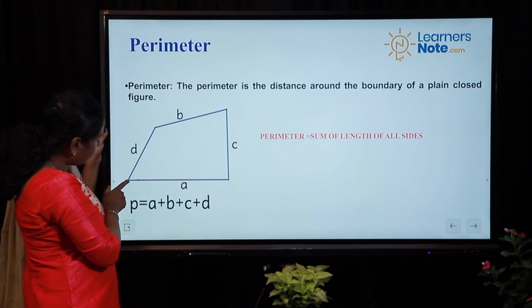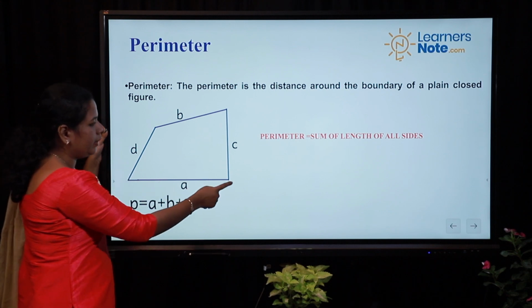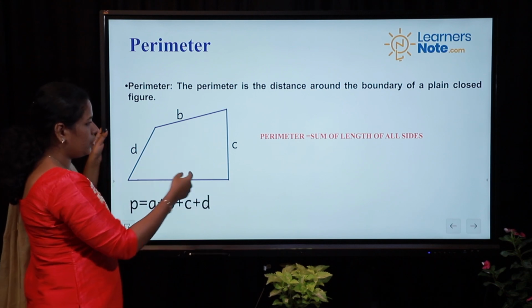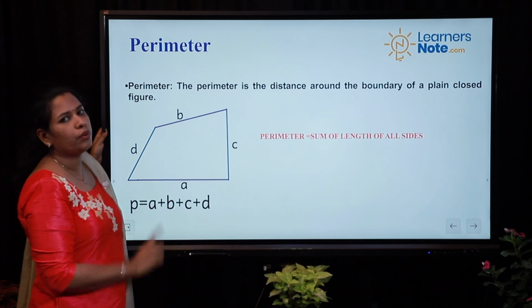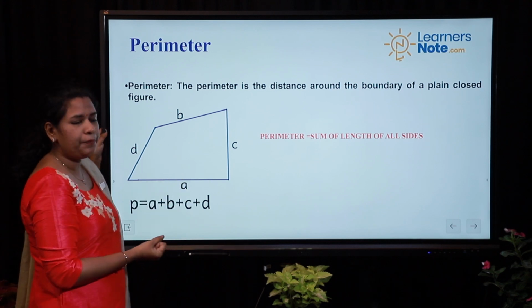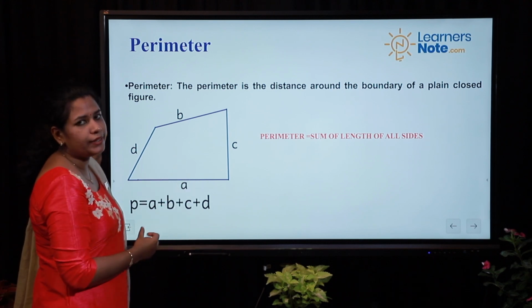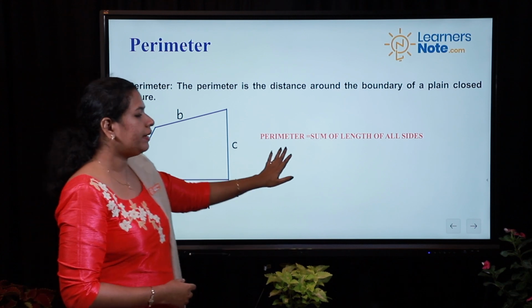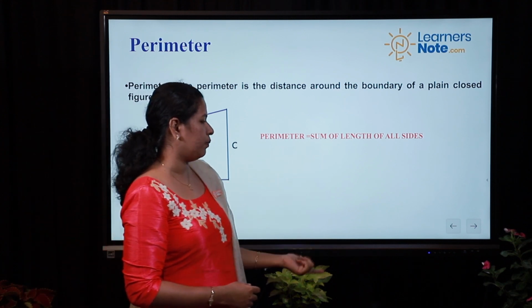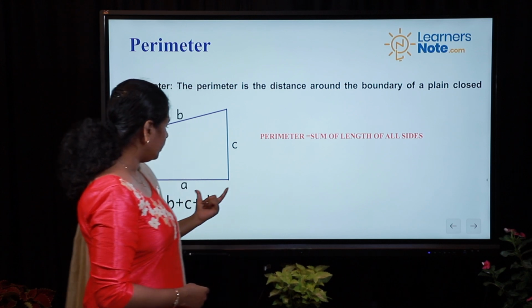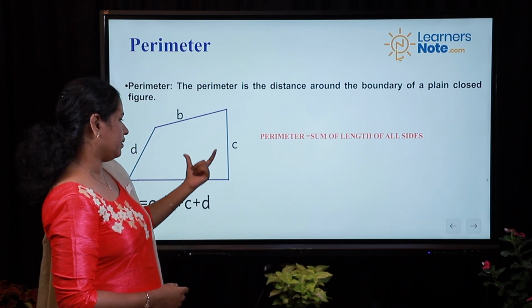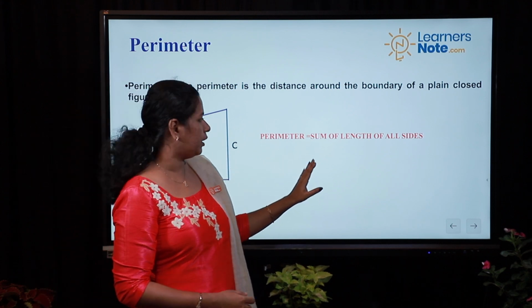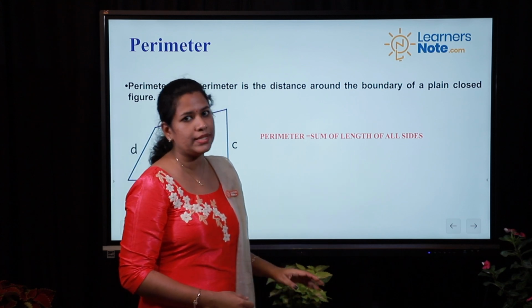We have to start from one point and complete one round. Then we get the total length of the boundary. So the perimeter is the sum of the lengths of all sides.